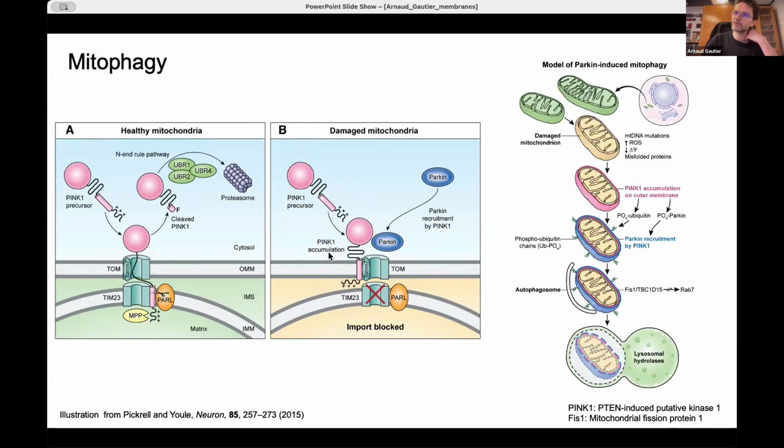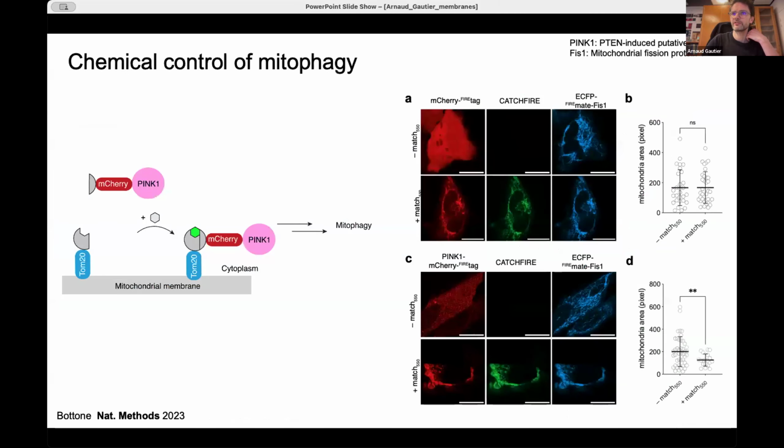And so we were wondering whether simply by accumulating PINK1 at the surface of healthy mitochondria, we could actually induce mitophagy. So what we did is very simple, as we can really just use catch fire to recruit protein at the surface of mitochondria. We just fused PINK1 to the fire tag. We also included M-cherry fluorescent protein just to be able to monitor the localization of the protein.